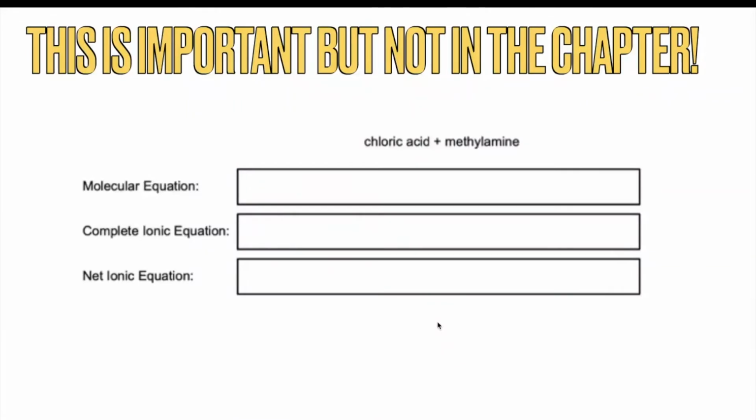Chloric acid and methylamine. All right, chloric acid is HClO3. That's a strong acid. Methylamine, weak. Okay, this H, remember, is going to go here to make this a positively charged cation, and I'm going to be left with a chlorate ion then. And so if this is positively charged and my chlorate ion is negatively charged, they're going to basically hook together and make this compound.